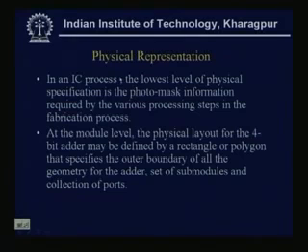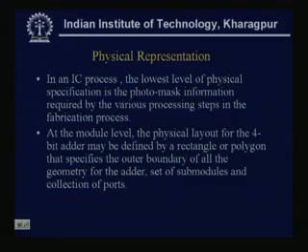Now, the last step, the physical representation, means that in an IC process the lowest level of physical specification is the photomask information. Physical representation means that the full system is partitioned into blocks, then it is realized by gates, then it is realized by transistors, and now that we are using CAD tools, all the things are automated.